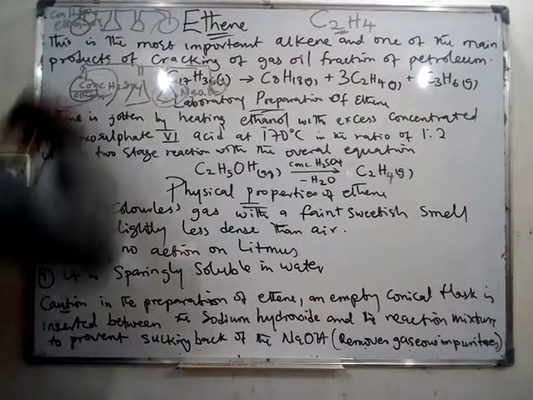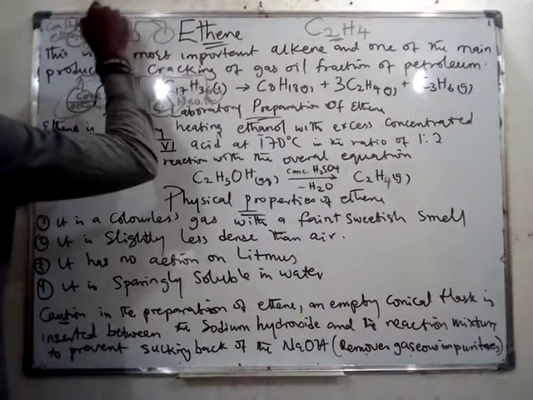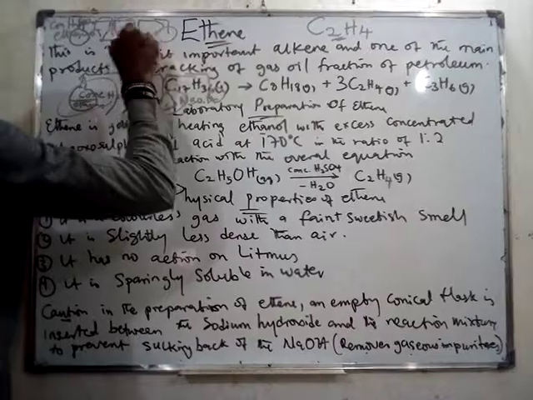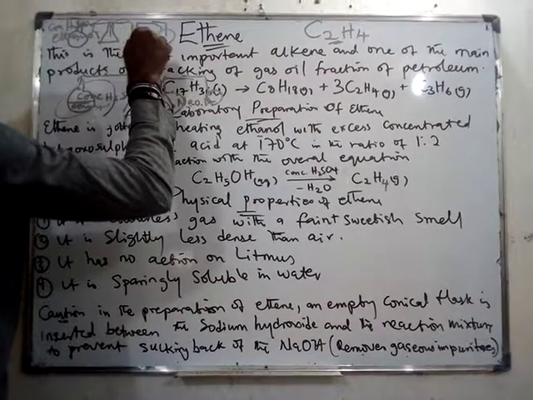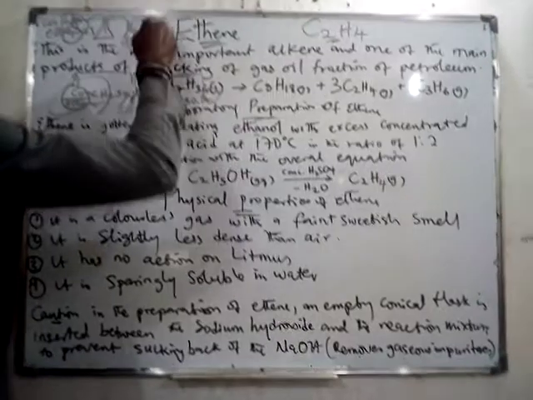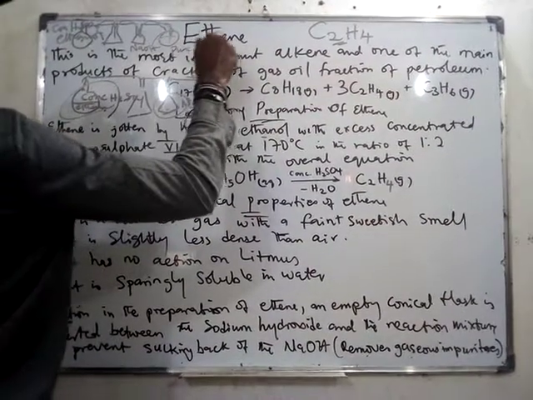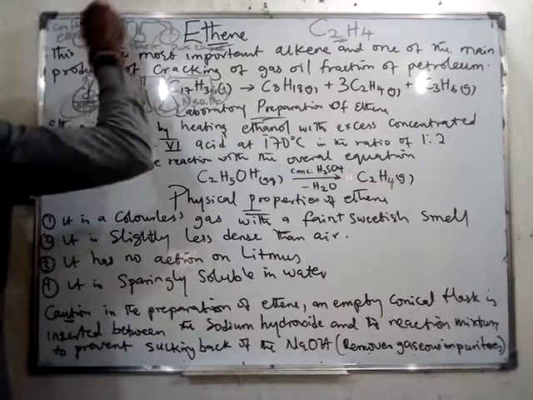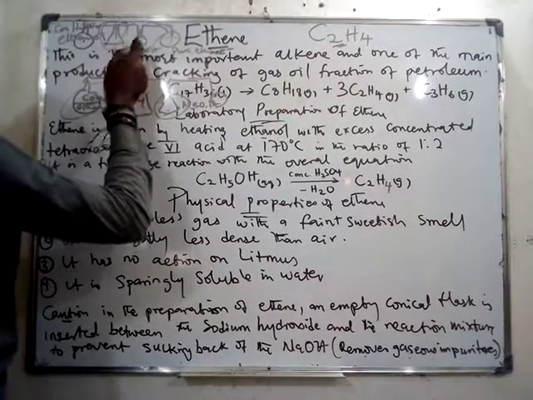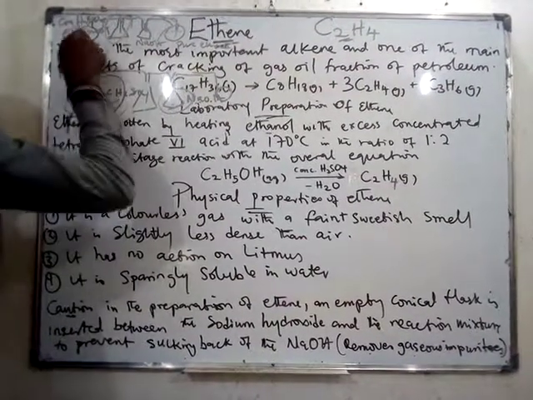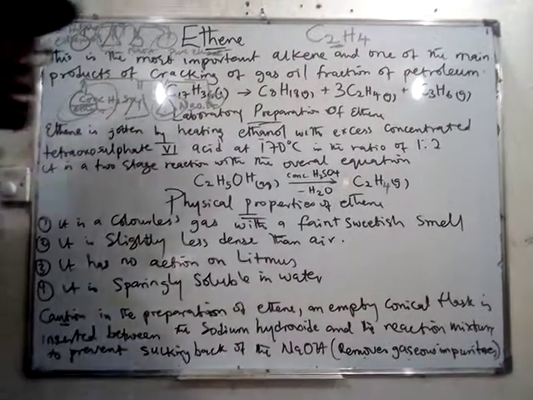When they react together, they produce ethene. That ethene will pass through here, then pass through sodium hydroxide to remove any impurity before it enters here, so that you get your pure ethene. You understand? So you connect this empty flask in order that this sodium hydroxide will not be sucked back into the system. Is that clear?